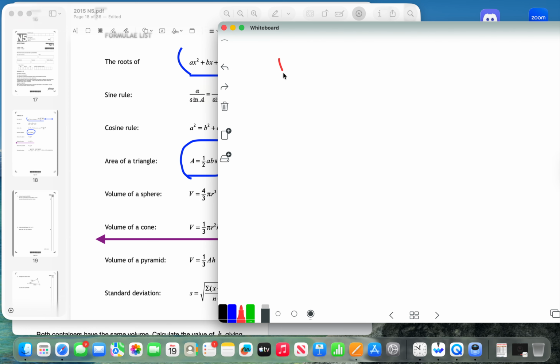So the volume is 1/3 pi radius squared height. I'm actually going to use V_C, putting a subscript of C at the bottom.